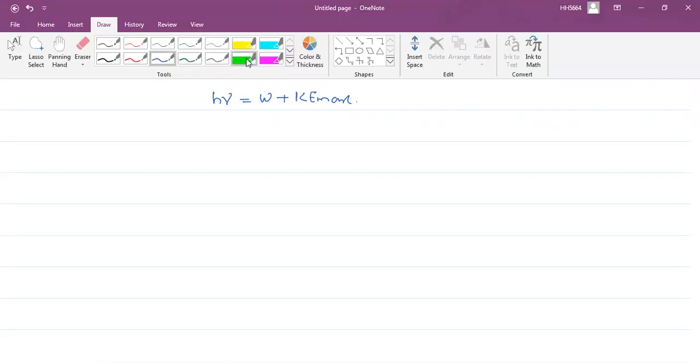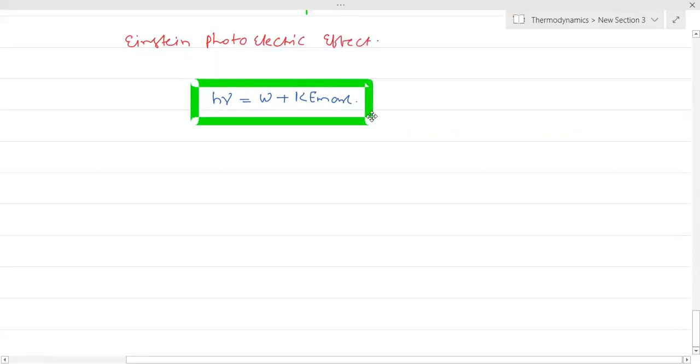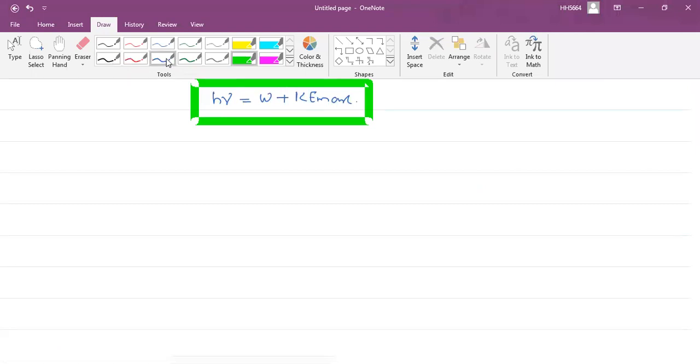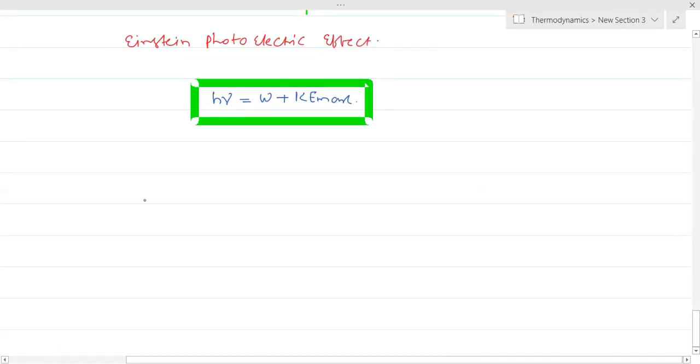This is the equation, called the Einstein photoelectric effect. First we will analyze the terms, and later we will think of the possible parameters.